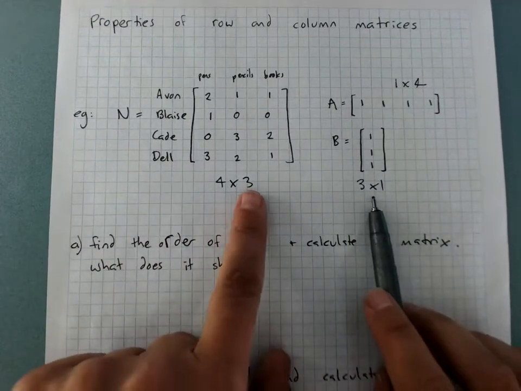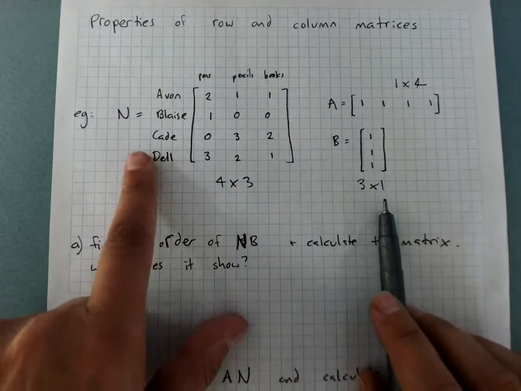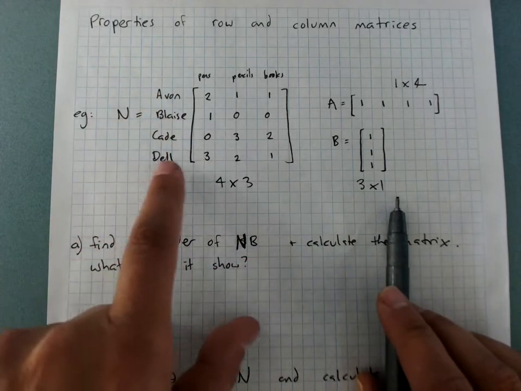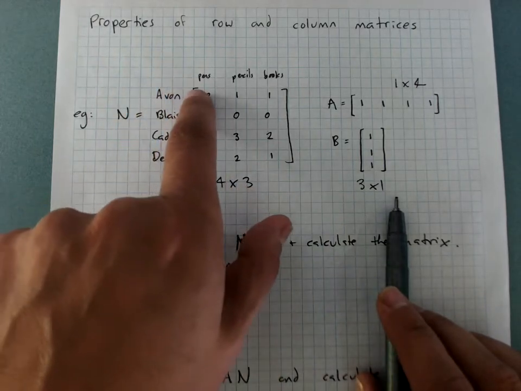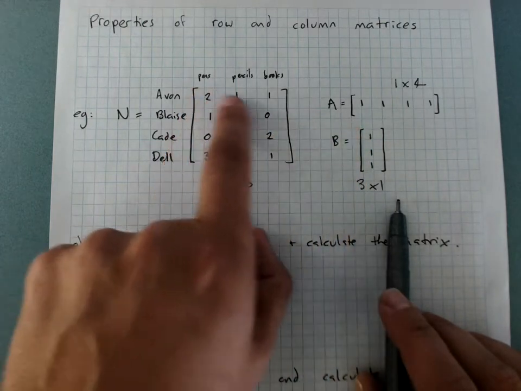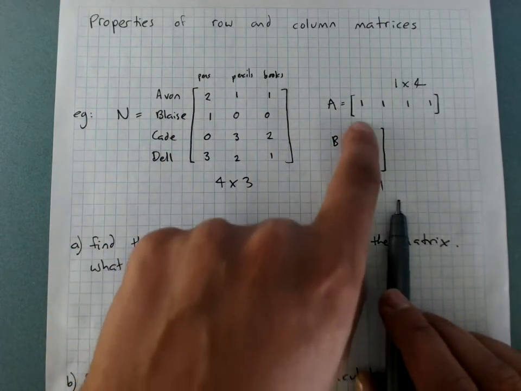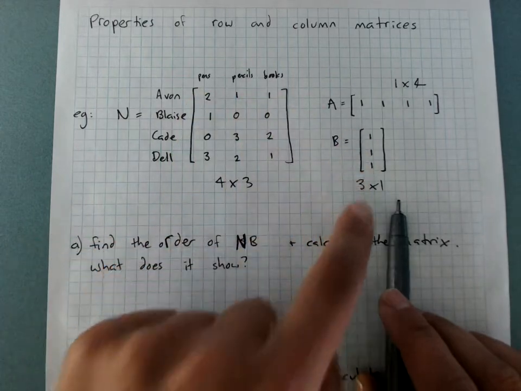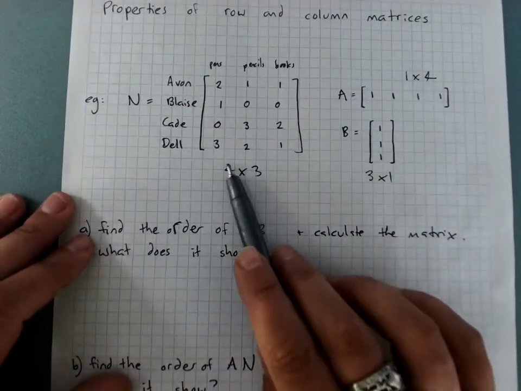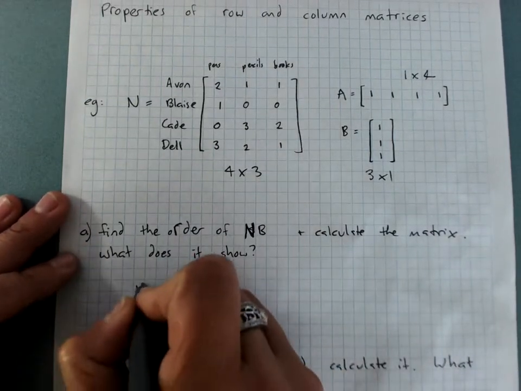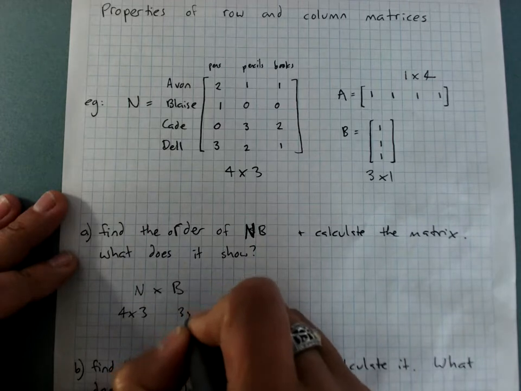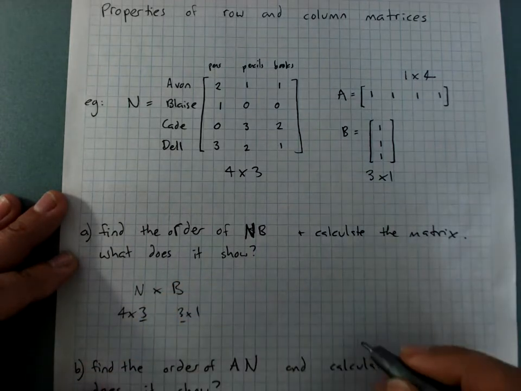So you can see that I can multiply matrix N by matrix B. N has 3 columns, so B with 3 rows will multiply by it. So N times B is 4 by 3 times 3 by 1. Yes, I can multiply them.